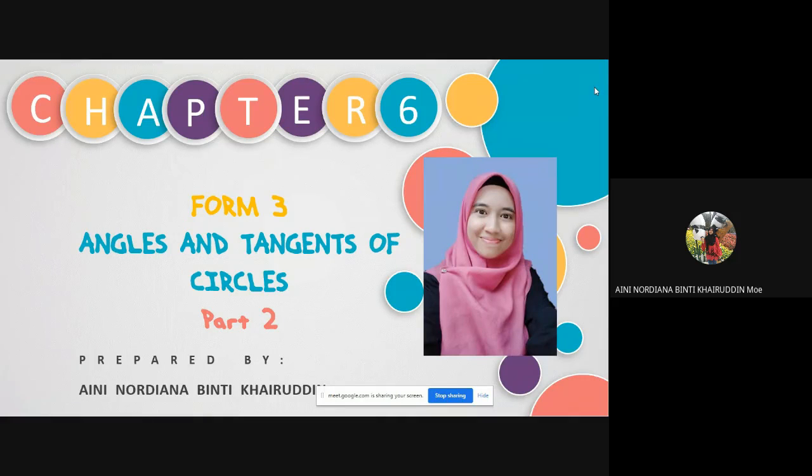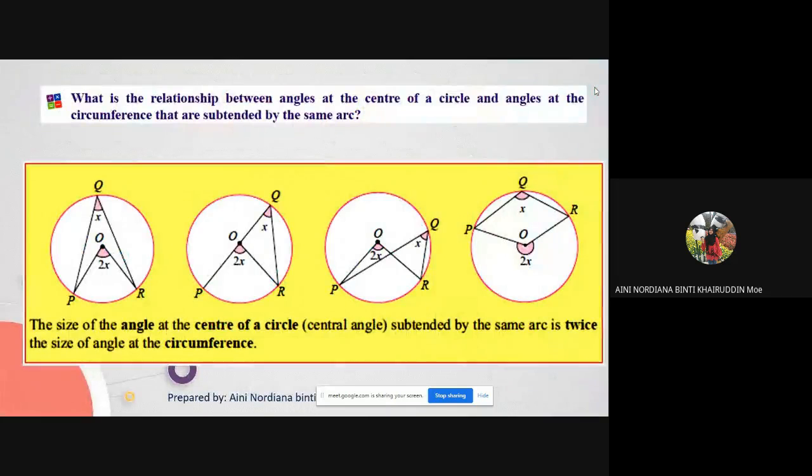So this is part 2, angle and tangent of circles. So what is the relationship between angle at the center of a circle and angle at circumference that are subtended by the same arc?